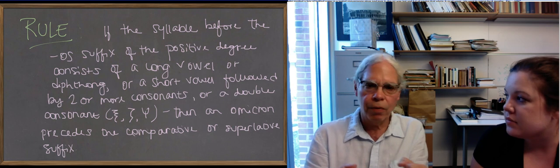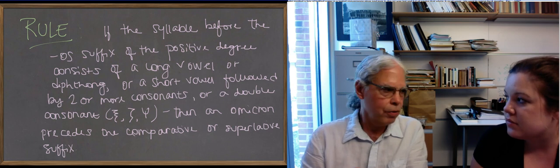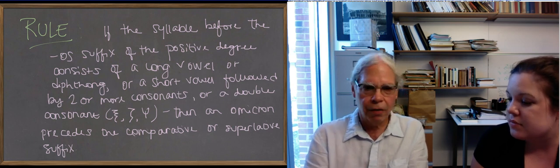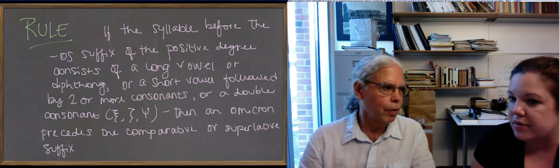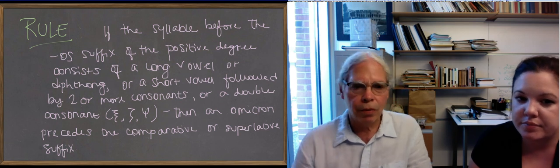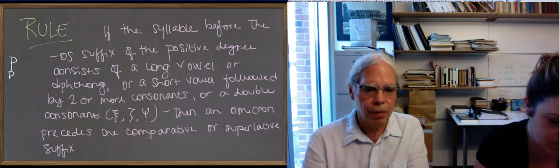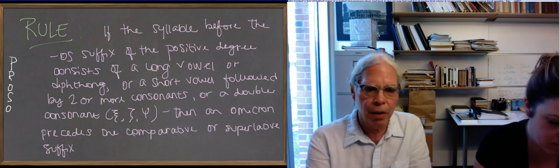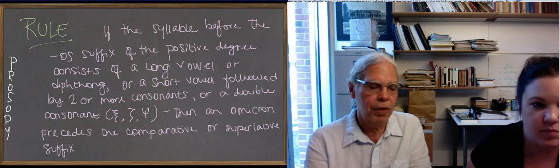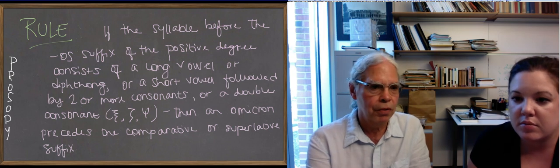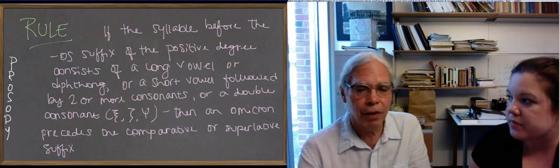You don't have three short or unstressed syllables in a row, and you don't have two or more long ones in a row. So the reason for the alternation between the omicron and the omega has to do with an aesthetic principle, if you want, that's built into the sound rules of the morphology of the language.